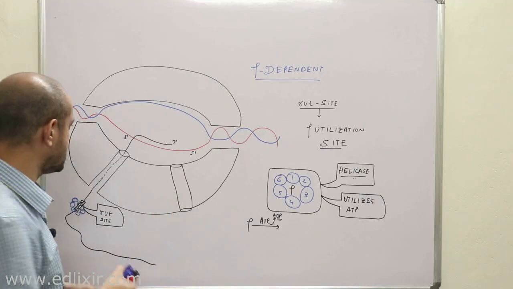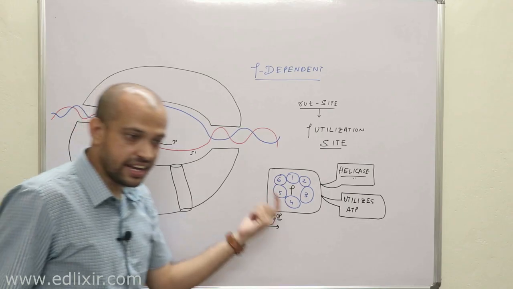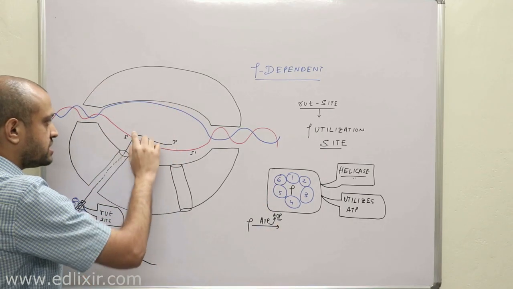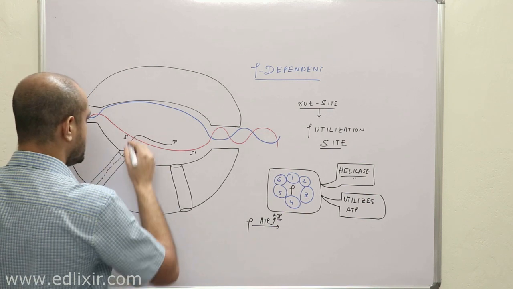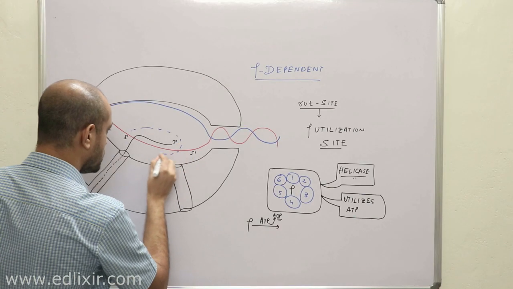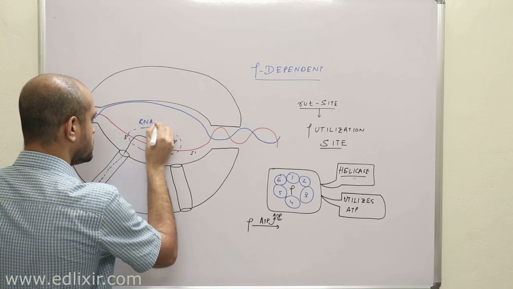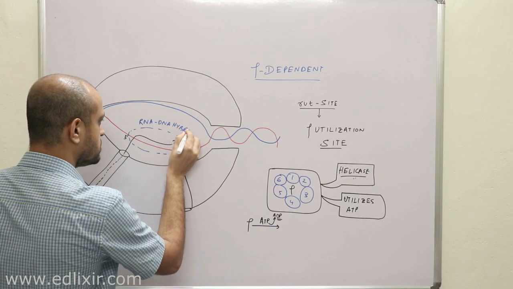Another mechanism is this: with the help of energy derived from ATP, Rho moves into the site where there is the RNA-DNA hybrid. This is the RNA-DNA hybrid, right?